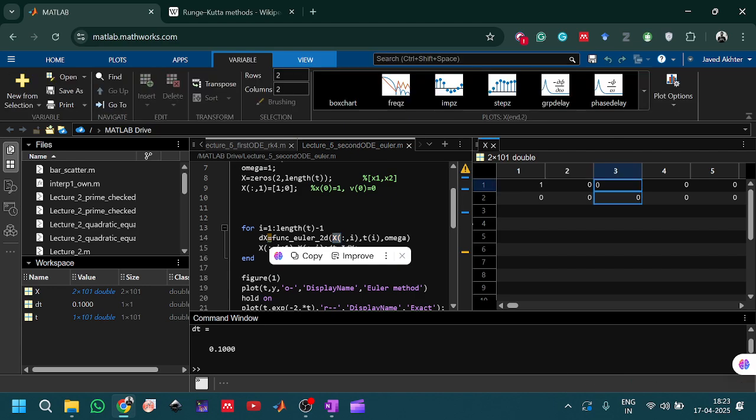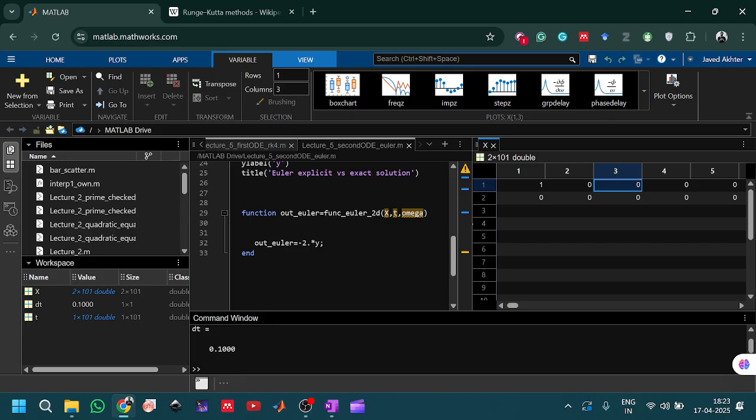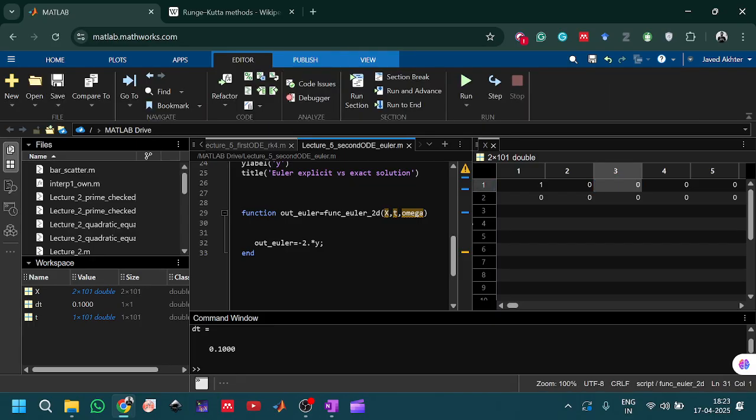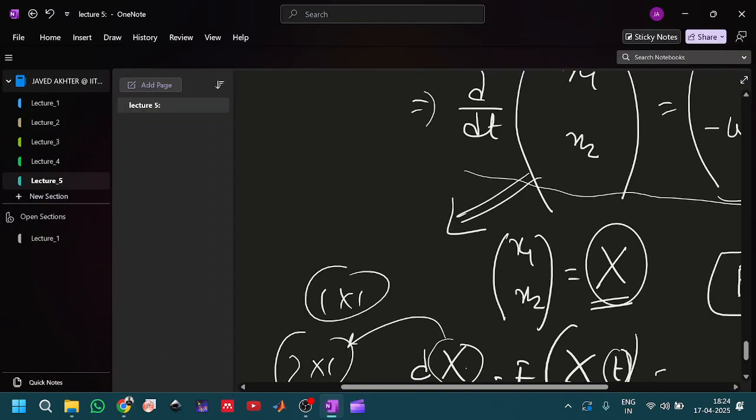So you are effectively passing a column vector, and the first value of the column vector, x1, will be your position, maybe small x, and v will be your x2. So the first value of the column vector will be your position, and the second value will be your velocity.